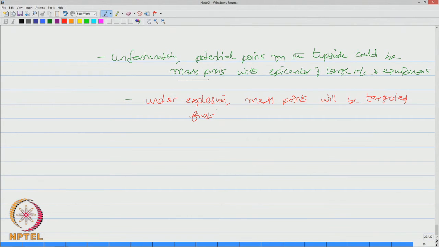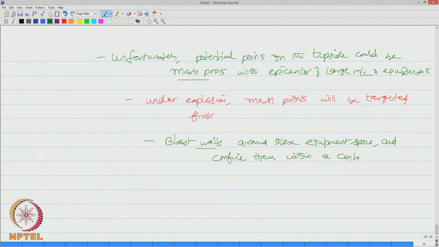So, how to protect these points or these segments which are epicentered with large machinery and equipments? One can construct blast walls around these equipment spaces and confine them within a controlled safe space.